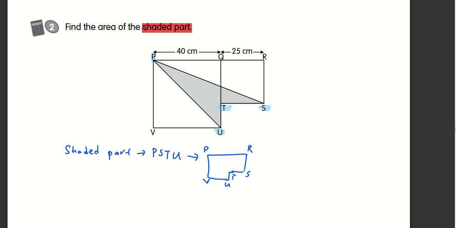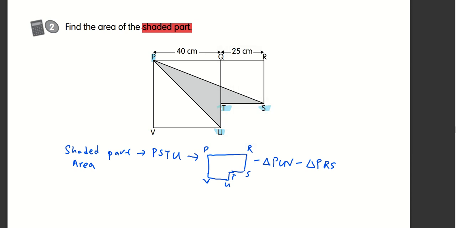If you subtract the triangle PUV as well as the other triangle PRS, you have the answer for the area of the shaded part. We will take the whole figure minus the two triangles. Can you see the two triangles we are referring to here?